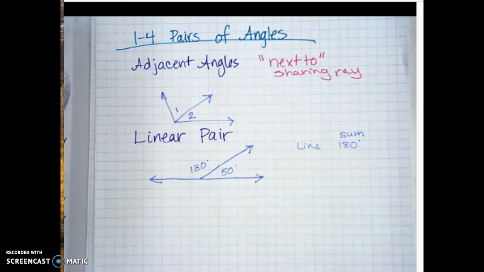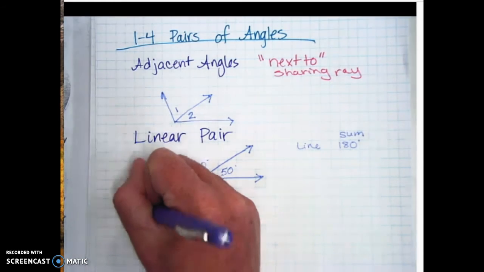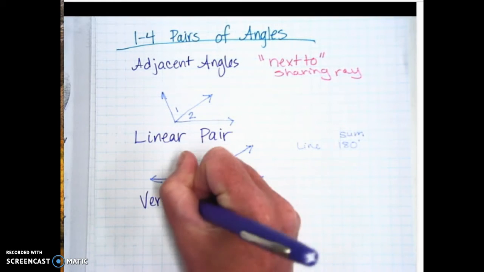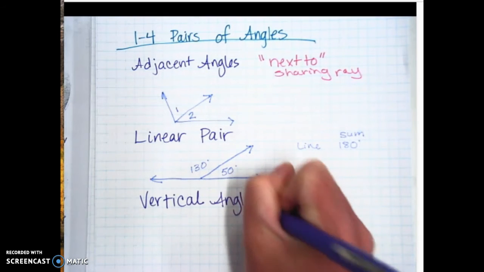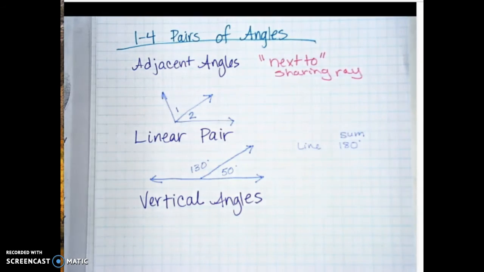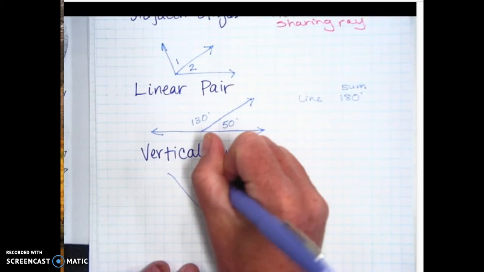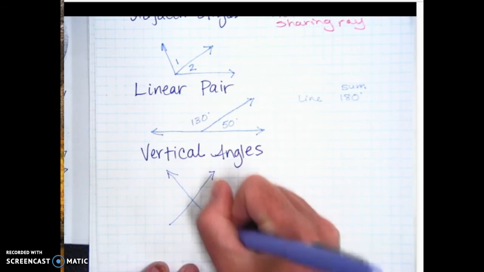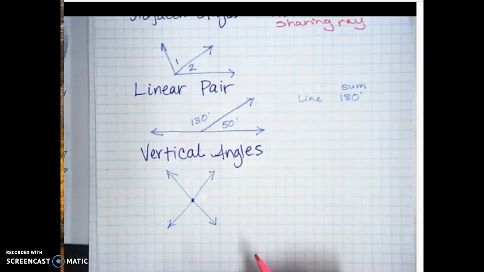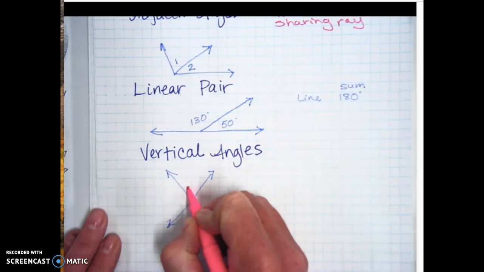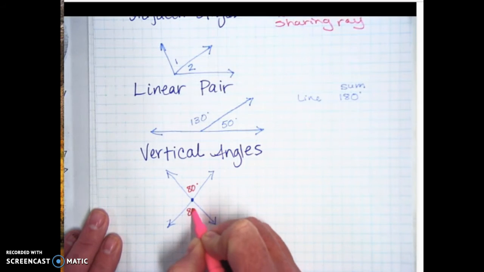The next one is called vertical angles. Vertical angles is when you're going to have two intersecting lines. So basically, they're intersecting, they're making a capital X. See the X? Okay, so the vertical angles are going to be the two that are opposite each other. So we'll say this one's 80 degrees. This one's going to be 80 degrees.